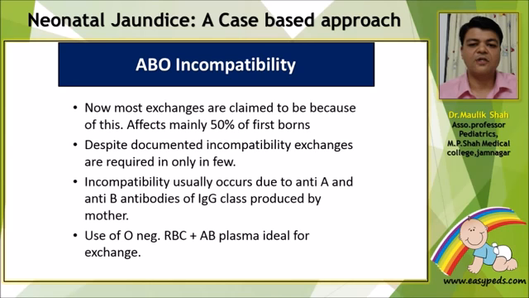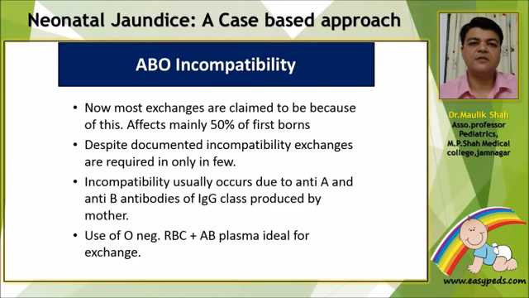Despite the documented incompatibility, the exchanges required are only in few numbers. But since Rh isoimmunization is now well taken care of because of anti-D given regularly to mothers, the leading cause instead of Rh isoimmunization is now ABO incompatibility.